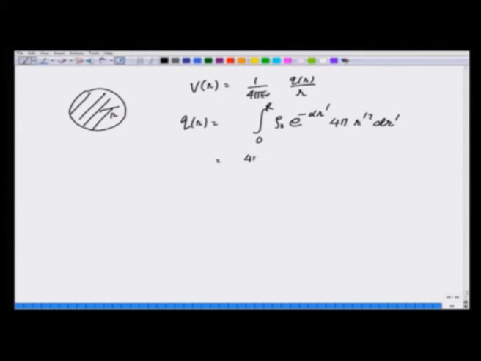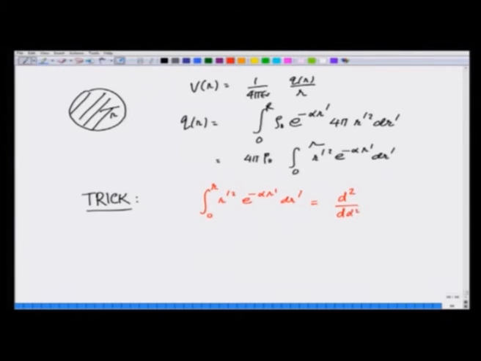So, this is 4 pi rho 0 integral r prime squared e raised to minus alpha r prime dr prime from 0 to small r. I am going to use a small trick here to calculate this integral, which is, if I want to calculate the integral from 0 to r of r prime squared e raised to minus alpha r prime dr prime, I can write this as the second derivative with respect to alpha of the integral of e raised to minus alpha r prime dr prime from 0 to r.